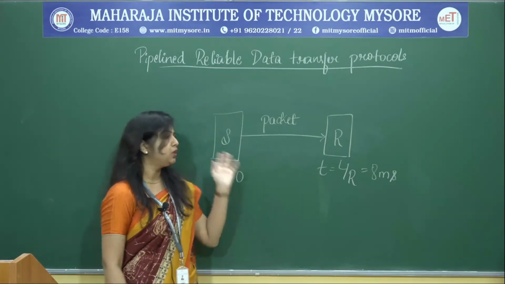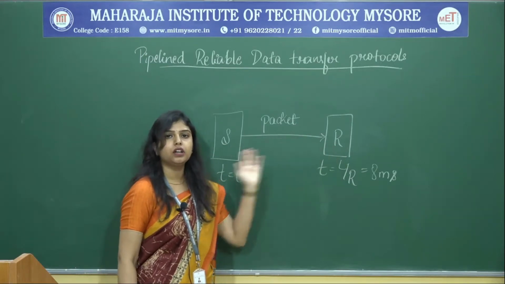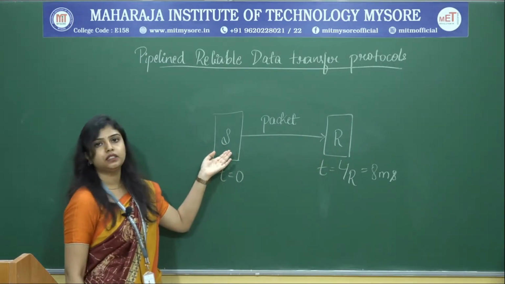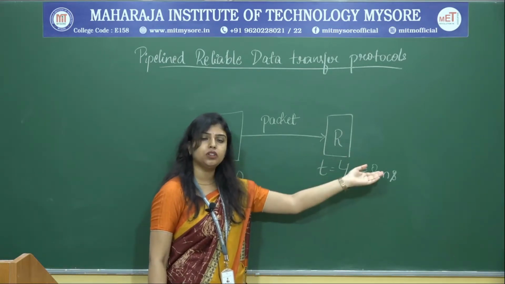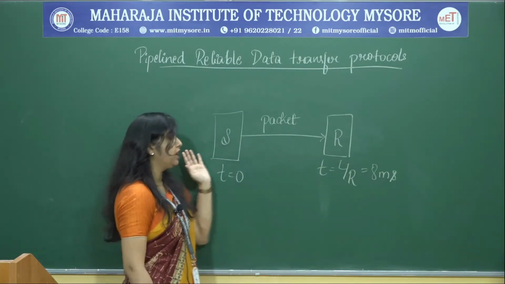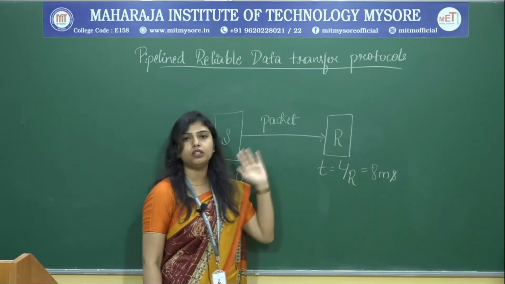Now, since the two hosts are a country apart, the sender is on the west coast of the United States and the receiver is on the east coast. That means the packet is travelling cross country.